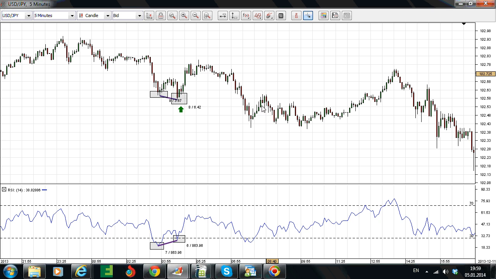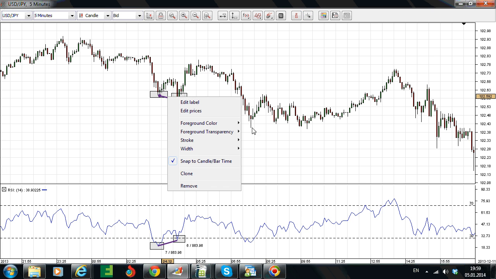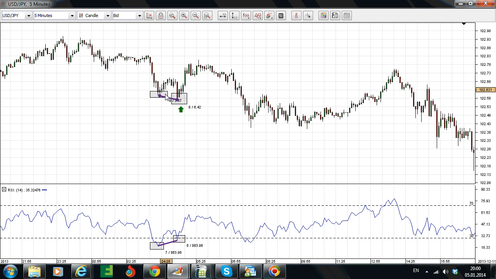Now again, another example would be, if you look at the price here on the right side, price is making two different lows, but the oscillator fails to confirm these different lows. As you can see, the oscillator actually is moving to the upside.